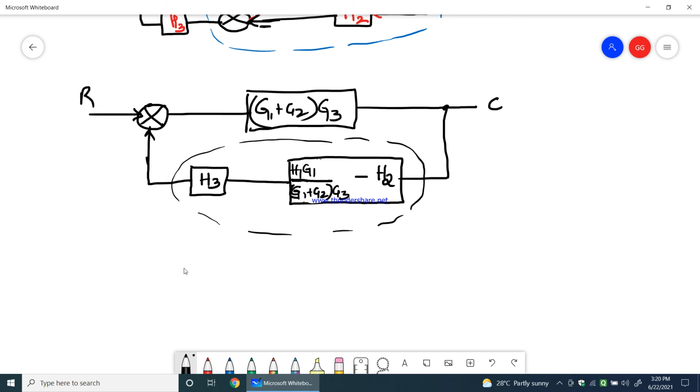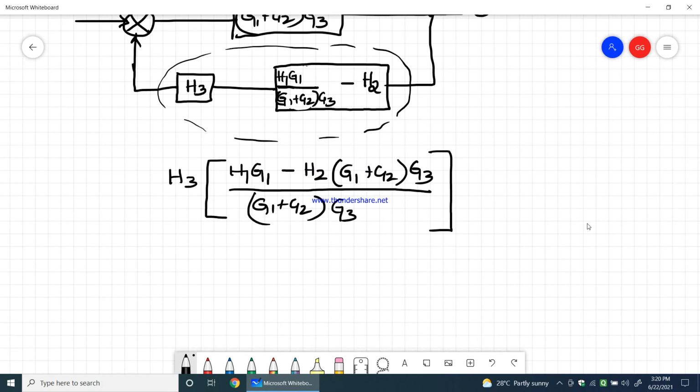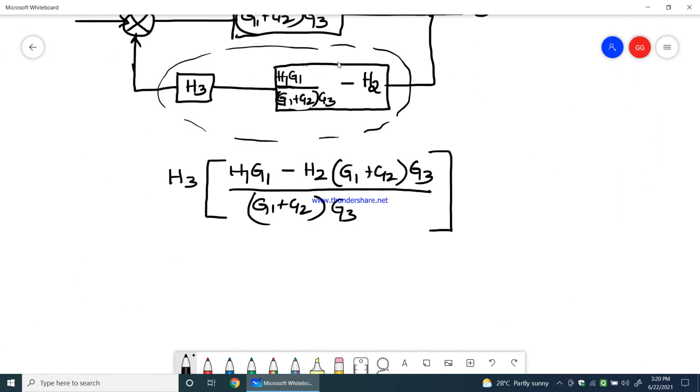So what will we get? H3 multiplied by H1 G1 minus, I'll just take the LCM, so minus H2 into G1 plus G2 into G3, divided by G1 plus G2 into G3. So this is what the complete block will have.